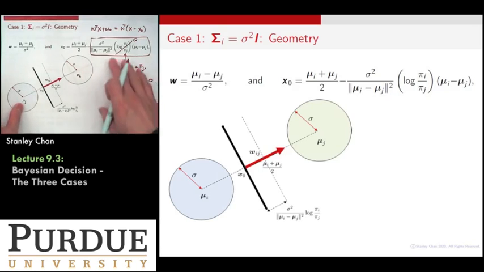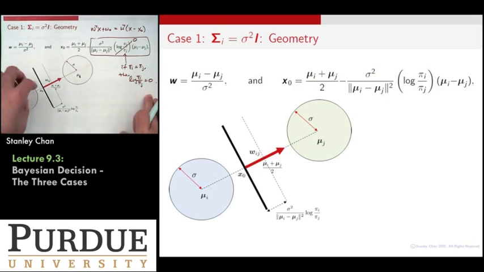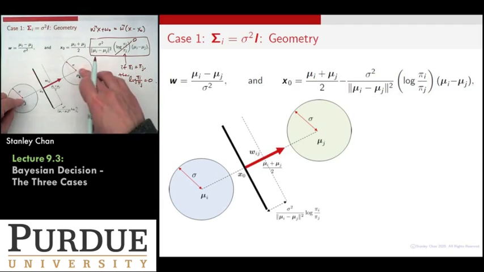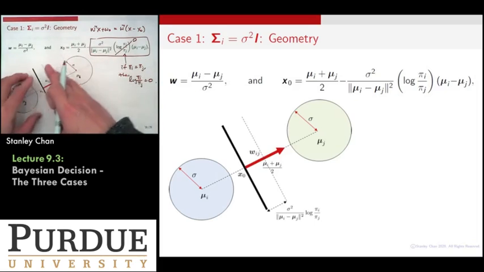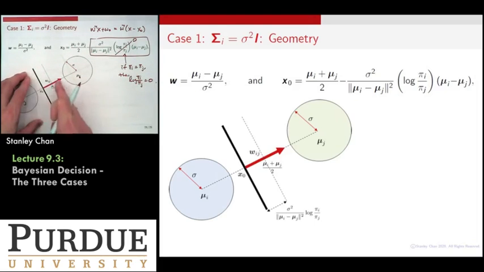Okay, so there's a very simple geometry here. This picture explains everything you need to know about this classifier. Because they are circles, there's a separating hyperplane, it's just a straight line. The normal vector joins the two centers, and then the offset will depend on your prior distribution.